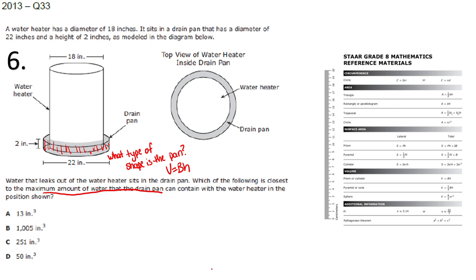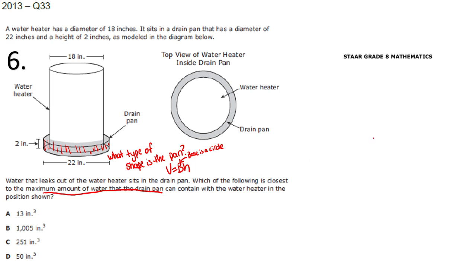Then the base, because that's always our next question, we figure out the base is a circle. So instead of a B, we need to use pi r squared. I'm going to talk about the pan over here. Our volume of the pan is pi r squared times our height.